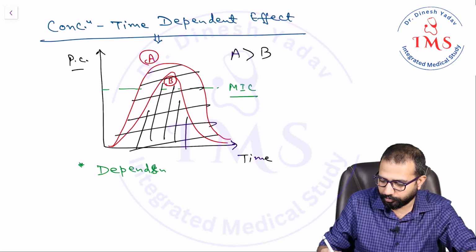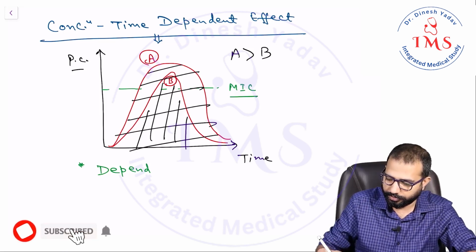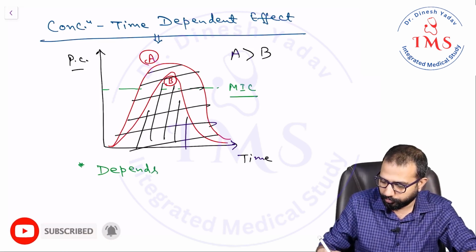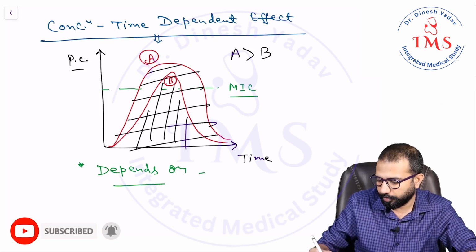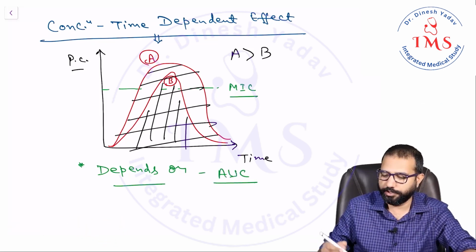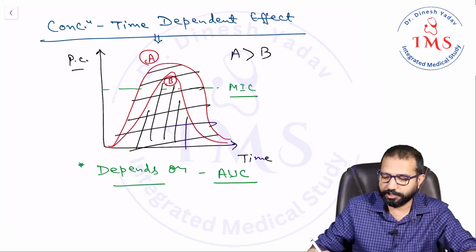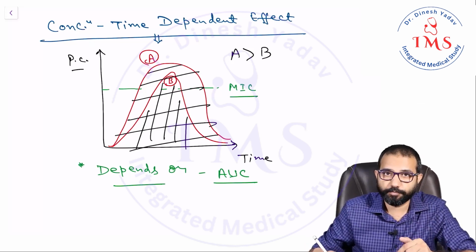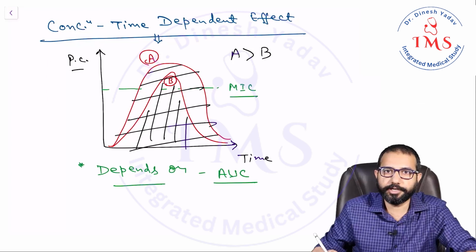So it is depending on the area under the curve. Bioavailability depends on the area under the curve.